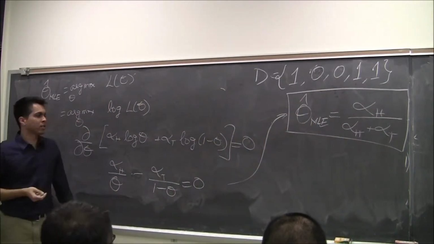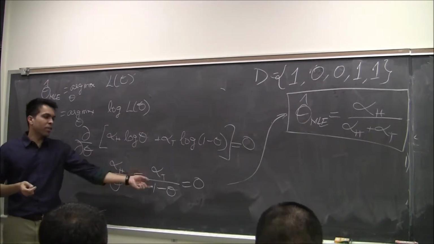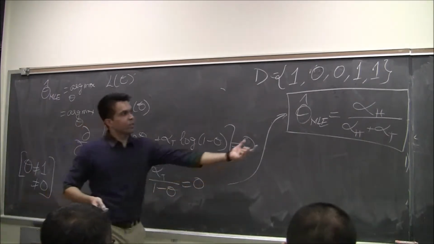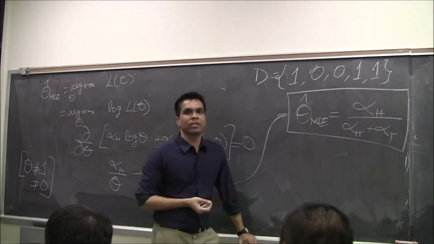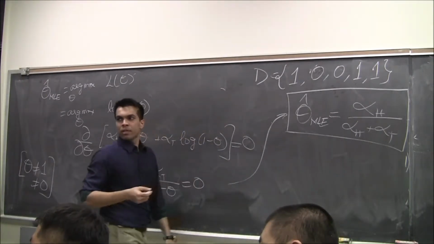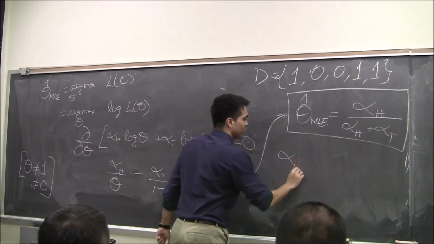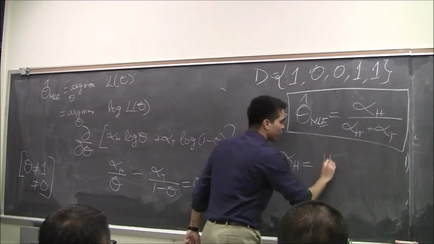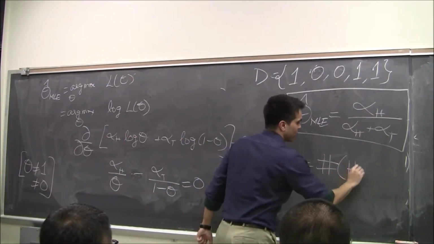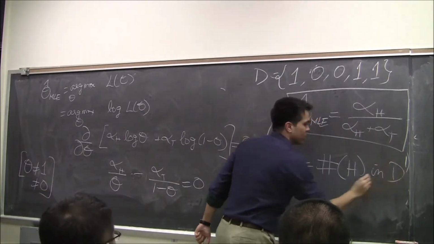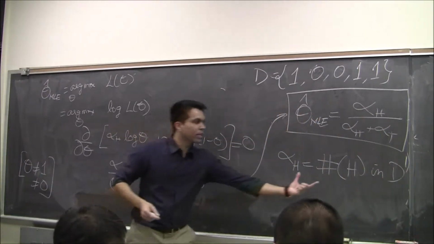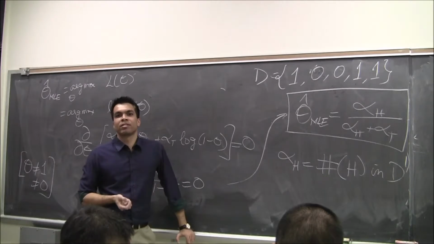That makes sense? Just cross multiply, set it equal to 0, and that's the estimate. Alpha heads and alpha tails, the probabilities of the, no, not the probabilities, not the likelihoods. Alpha heads is just the number of times you have observed heads in the data set. So just go ahead and count the number of heads.